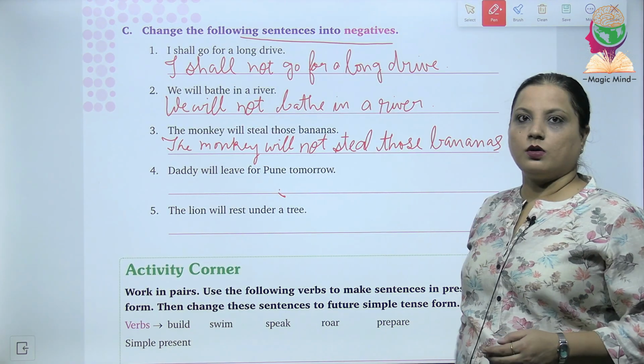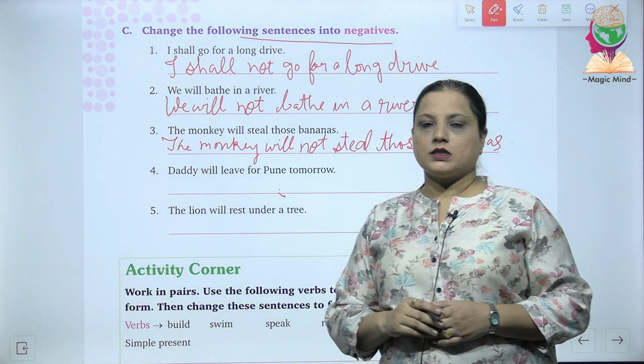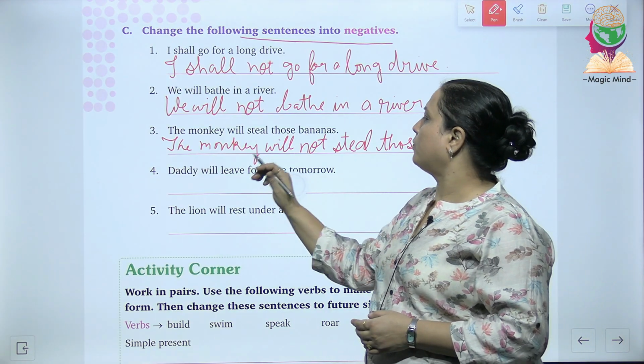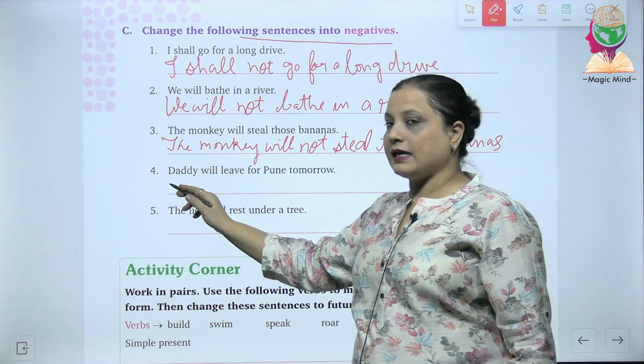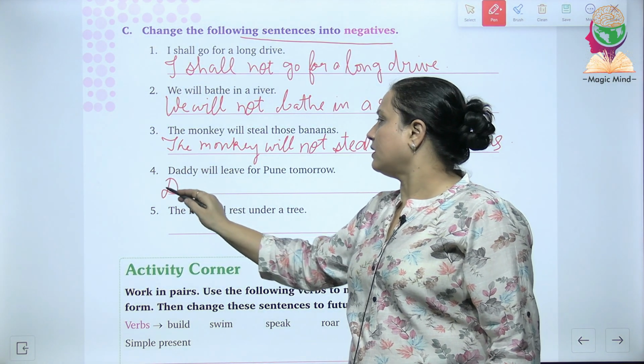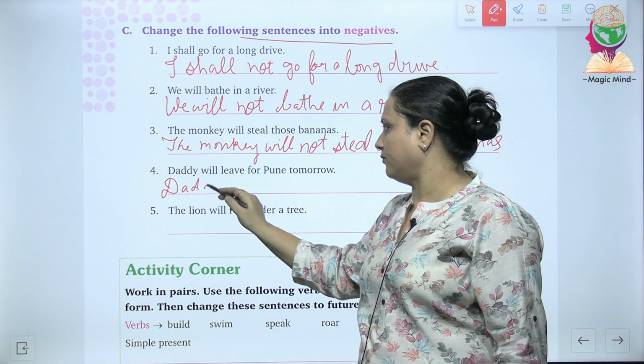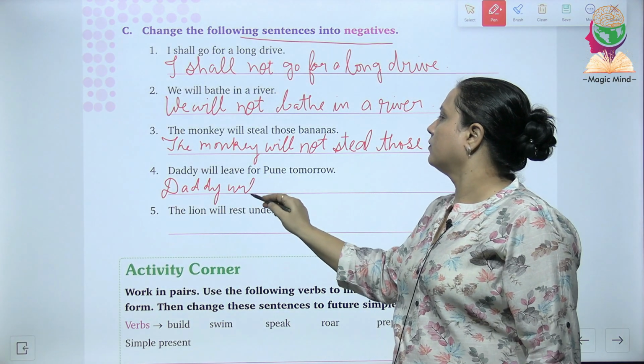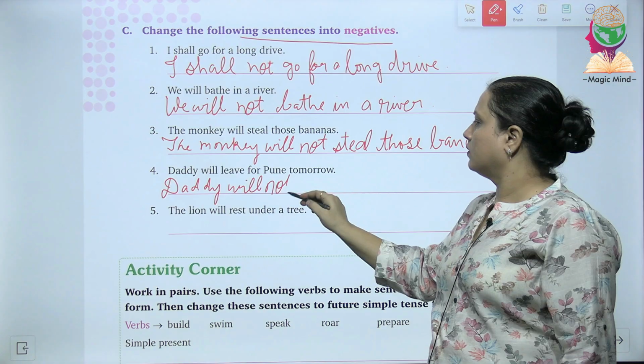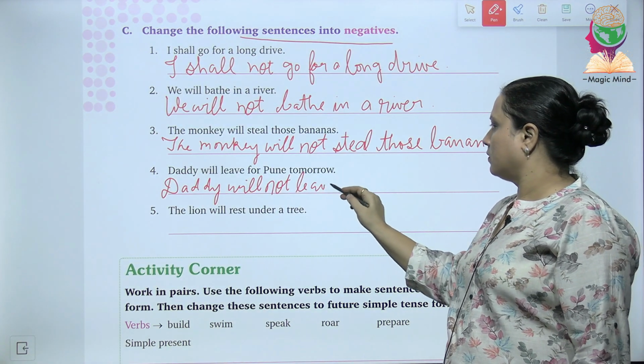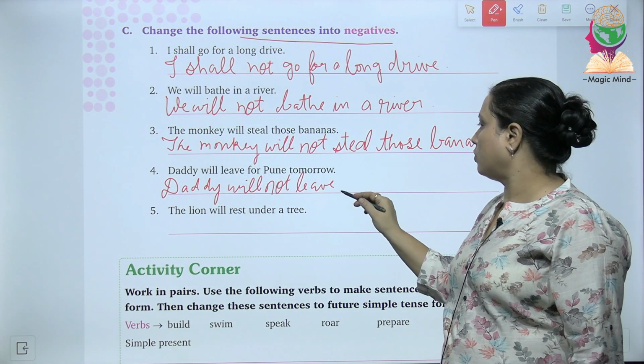And a full stop. Then the fourth one is, Daddy will leave for Pune tomorrow, and the negative sentence will be, Daddy will not leave for Pune tomorrow.